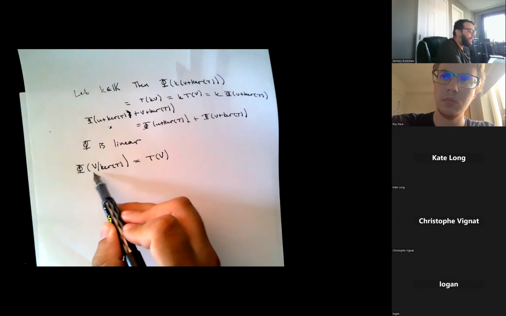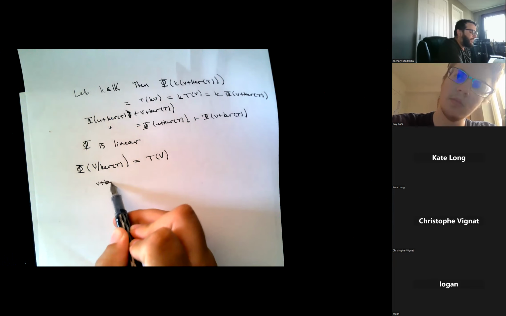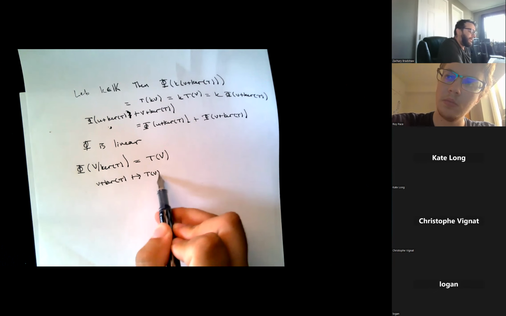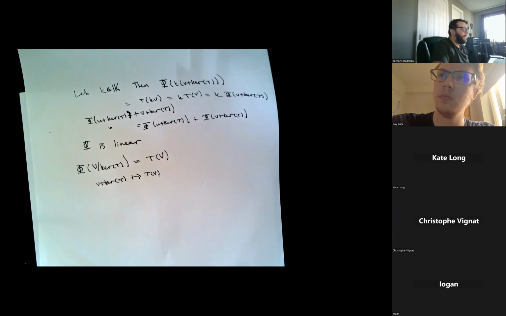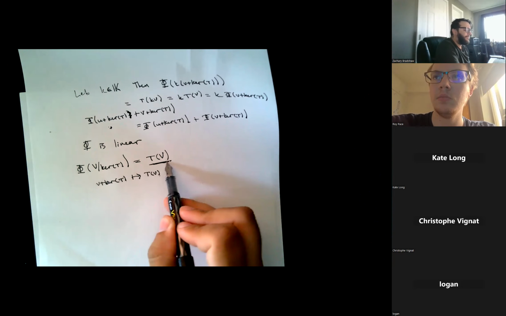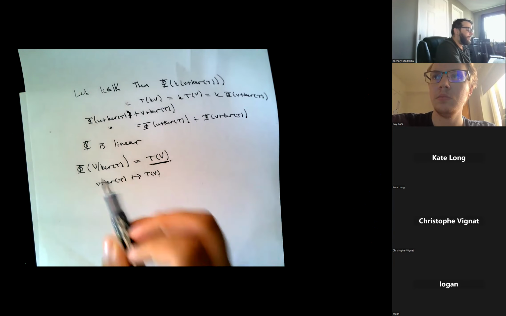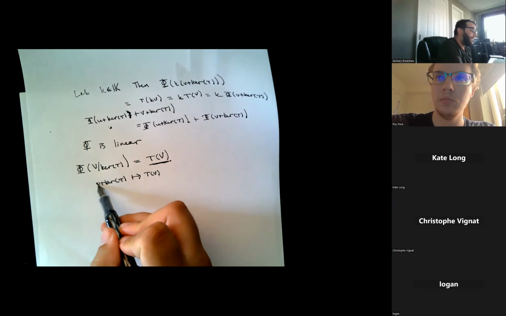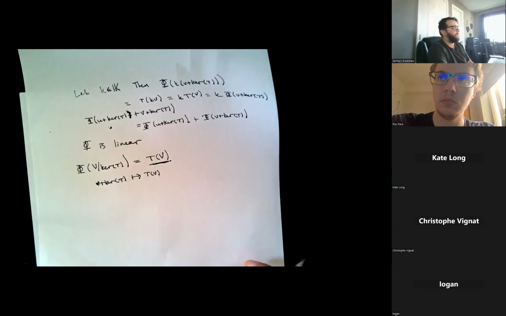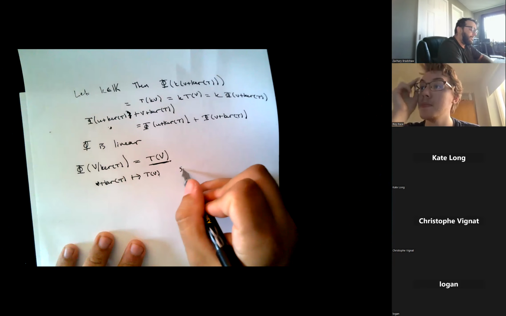Because how is this defined? Well, it's defined by sending v plus kernel of t to t of v. So how do I get any old element of the image of t? Well, I just map the element v plus kernel of t on the left-hand side over to the right-hand side. So surjectivity is immediate.